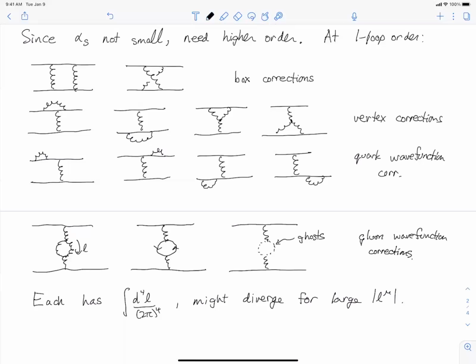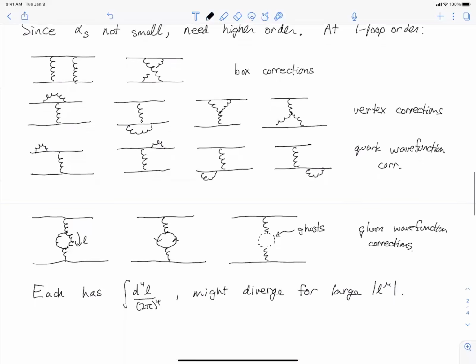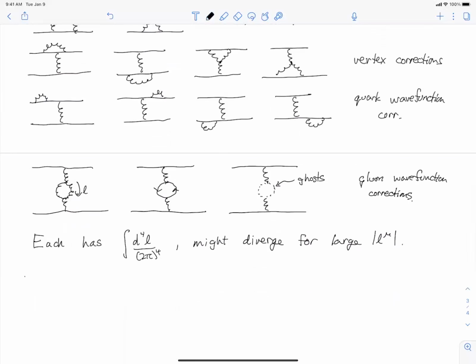So first of all, you can tell how bad things are by doing power counting, and I'm going to do the box corrections as just a sort of an example. The box corrections, it turns out, don't diverge. So let's see why that is. The box corrections are okay. They're finite.